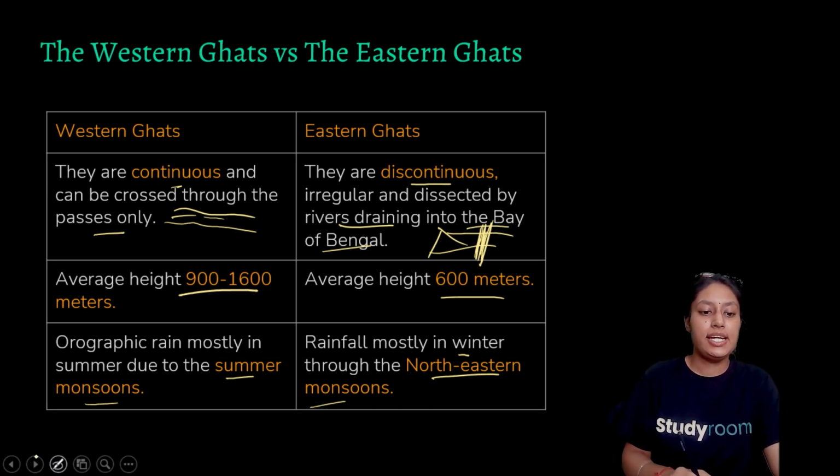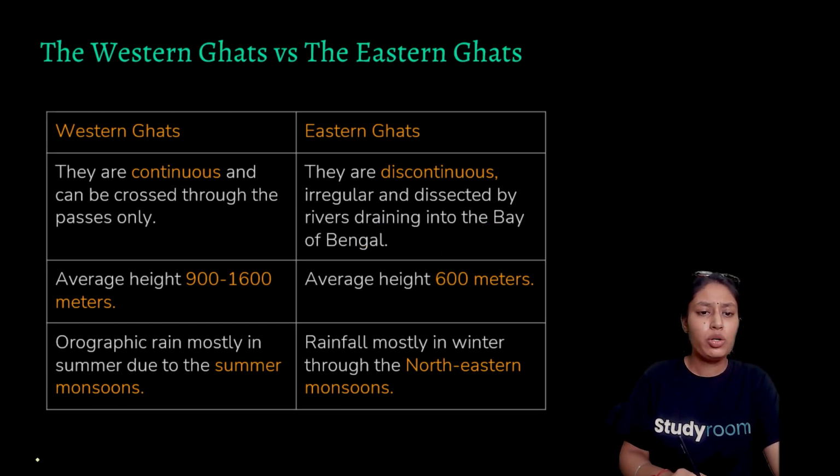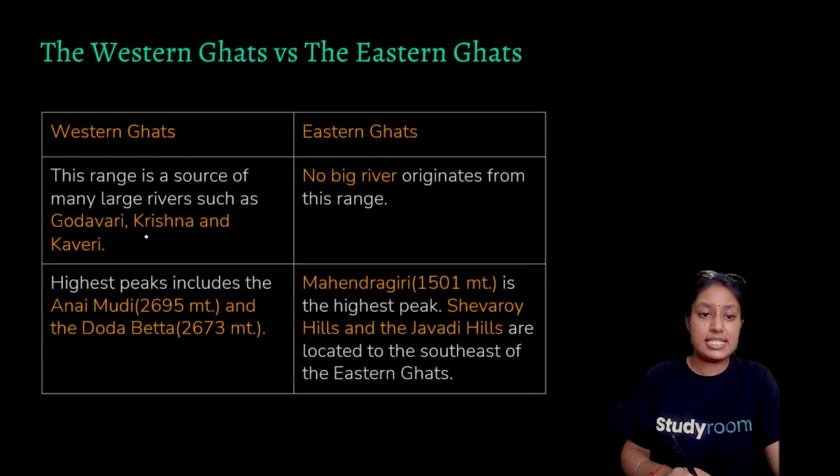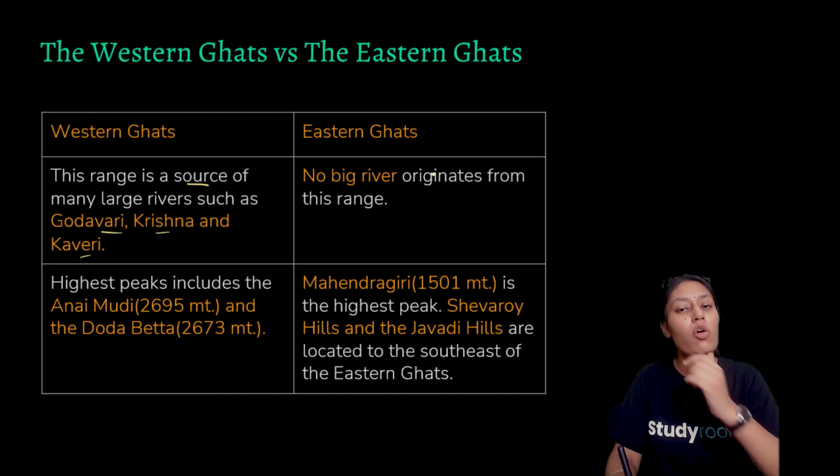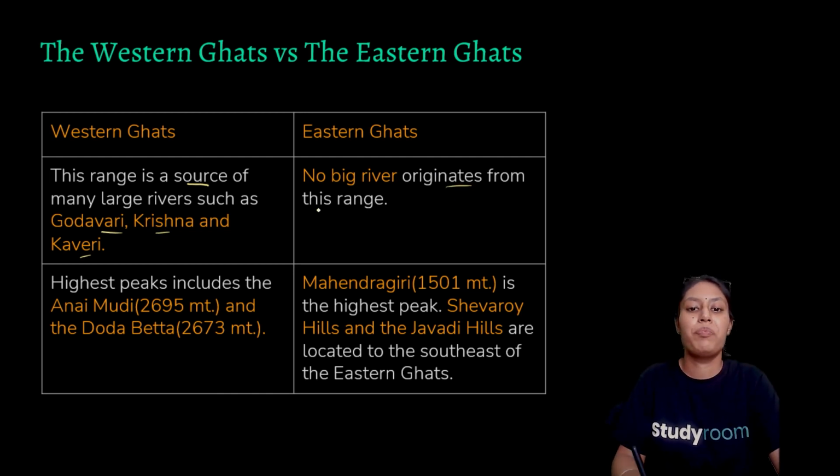Yes, let's study what are more differences between the Western and Eastern Ghats. Okay, so now we'll talk about the difference of source. Their sources are mainly large rivers like Godavari, Krishna, and Kaveri, and no big river originates from this range.